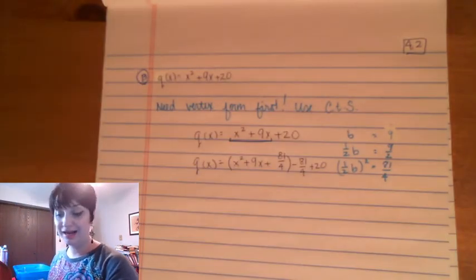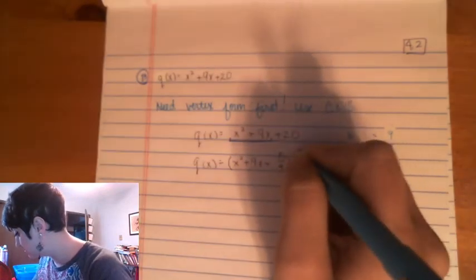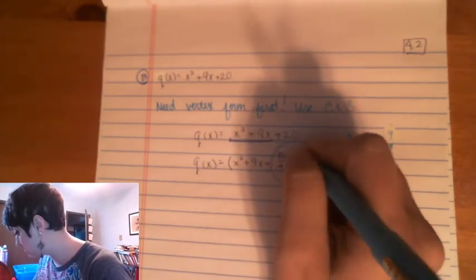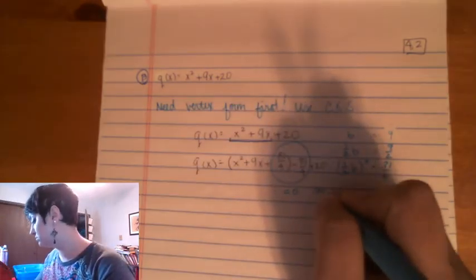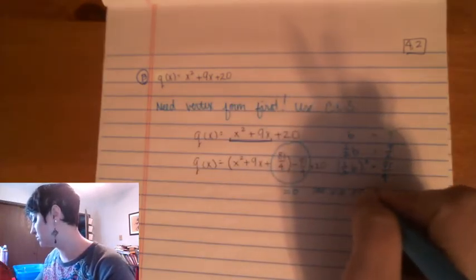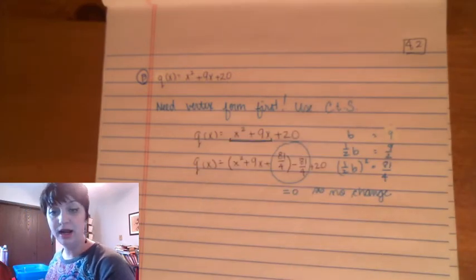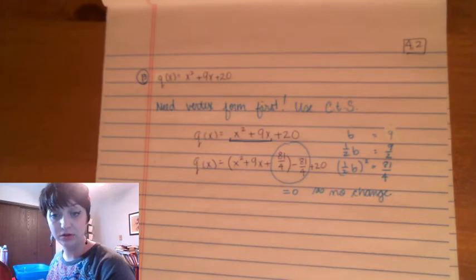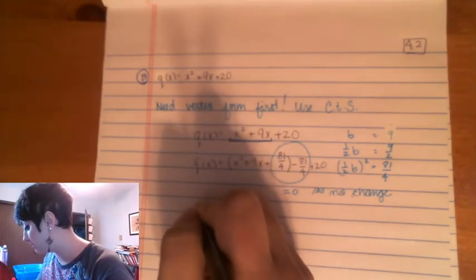If I add and subtract, then I haven't changed the problem. So I have added 0 into my problem, but it's a strange looking 0. It's 81 fourths minus 81 fourths. That equals 0. So then I'm going to complete the square. I did complete the square, and I'm going to do my factoring.